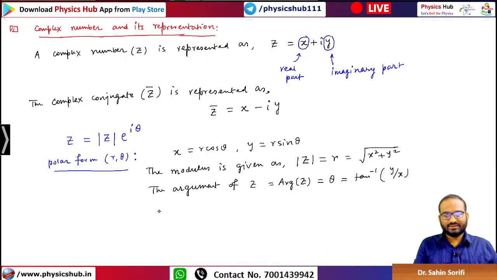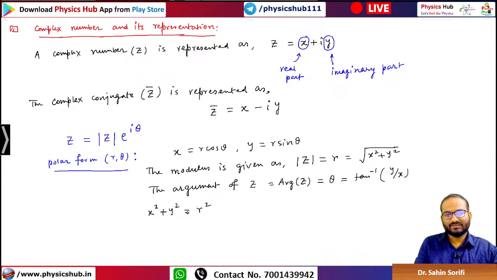As you can see clearly, the modulus z is root of x square plus y square. If you just remove this root, you get r square.